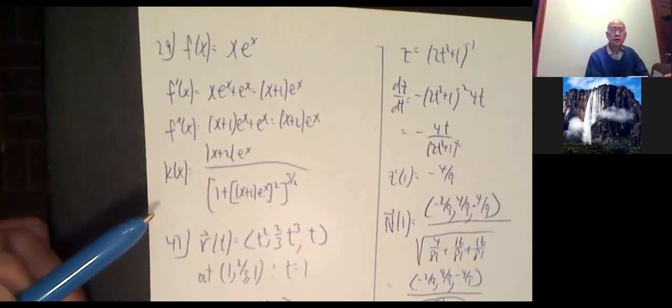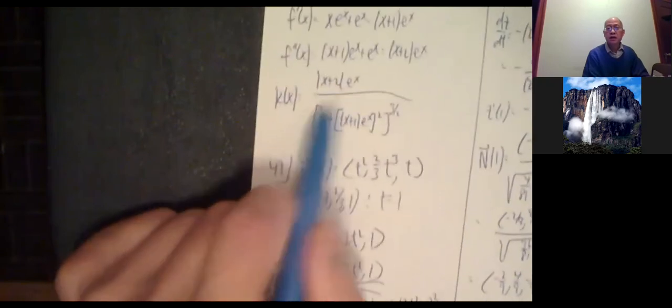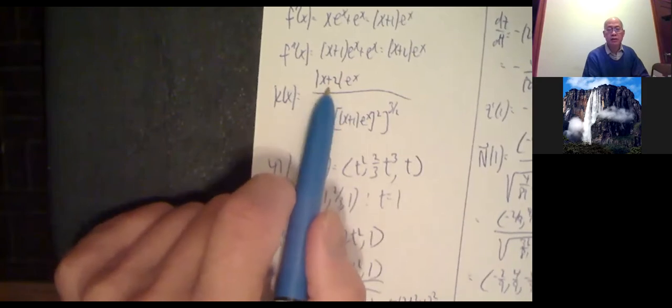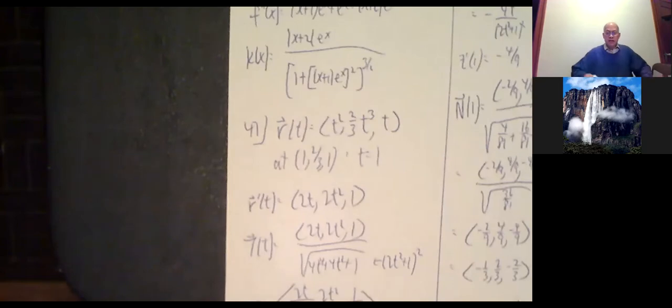So this time, what's kappa? Okay, so by formula again, the top is the absolute value of the second derivative. So absolute value of this. e to the x is always positive, right? So I can take that out of the absolute value. So absolute value of x plus 2, divided by this mess, which you can then just leave.